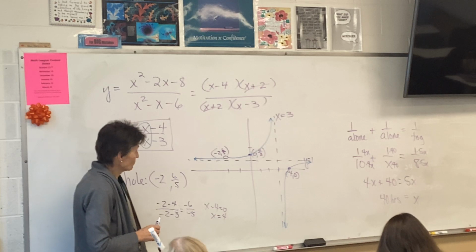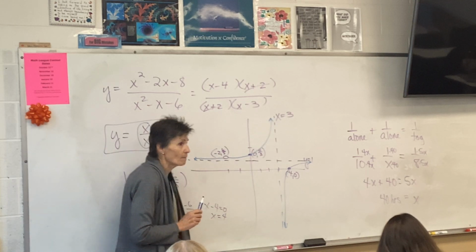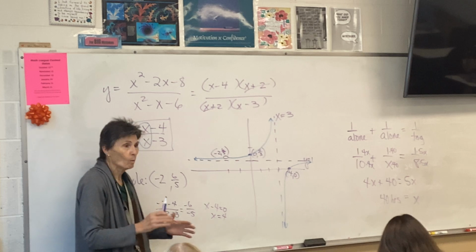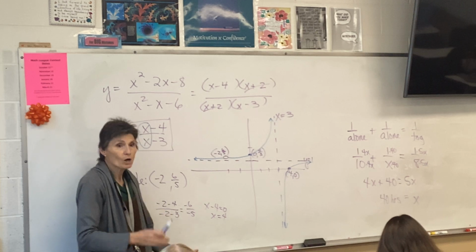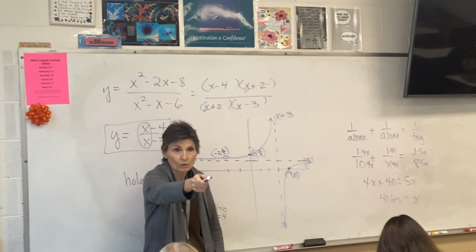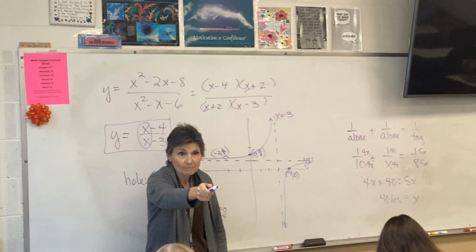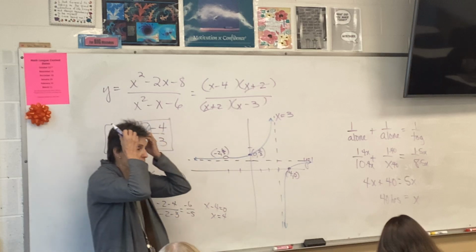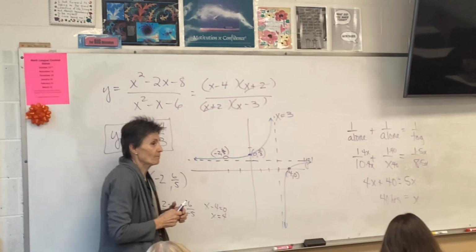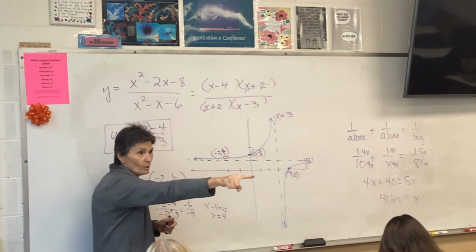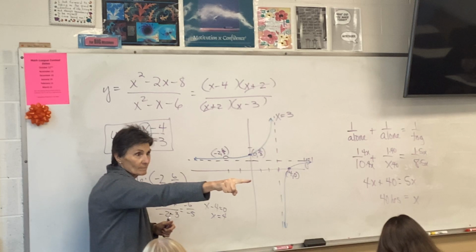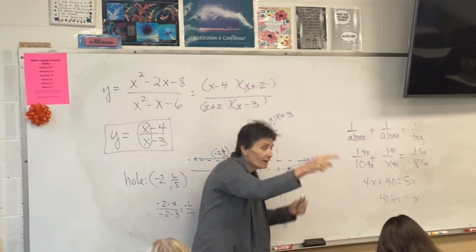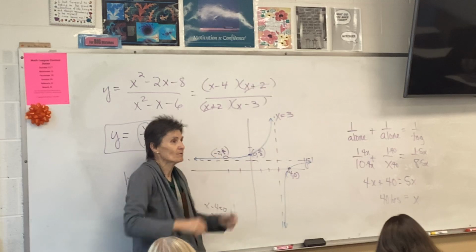This morning, working with some kids, some of us still haven't memorized how to get what. You have to know that to get a y-intercept, you plug in 0, right? To get a vertical asymptote, the denominator equals 0.